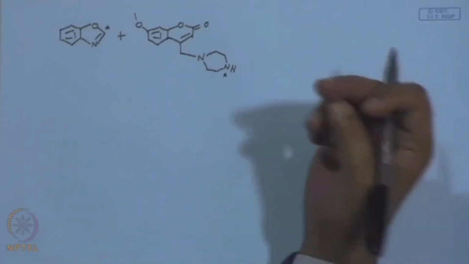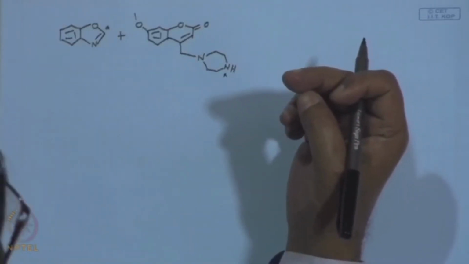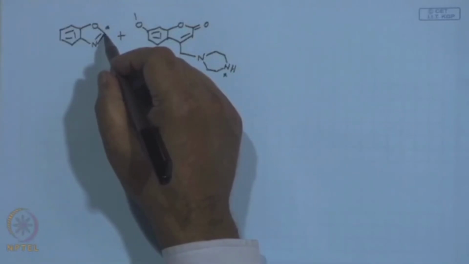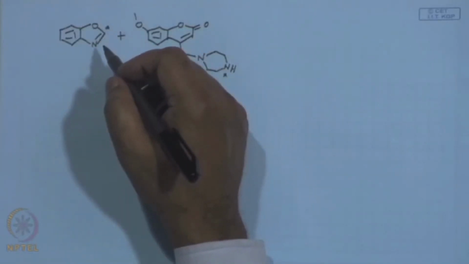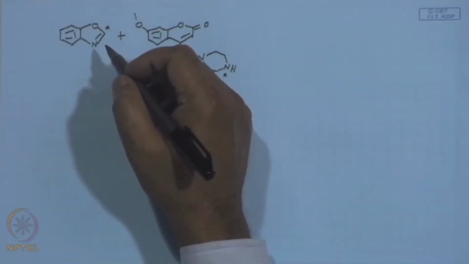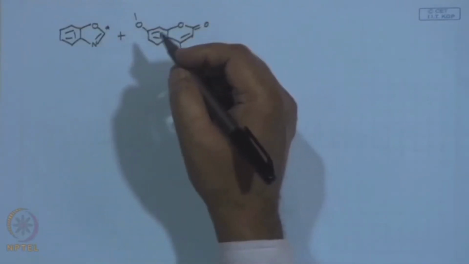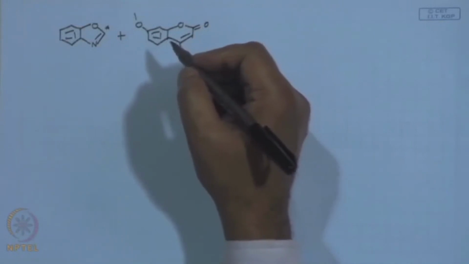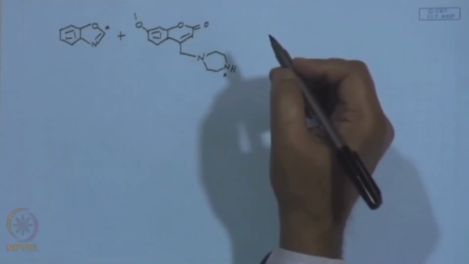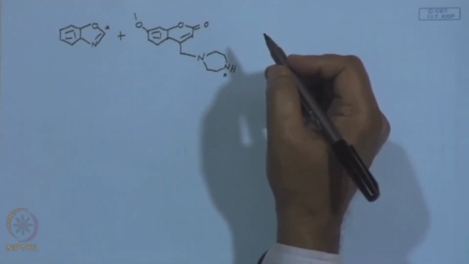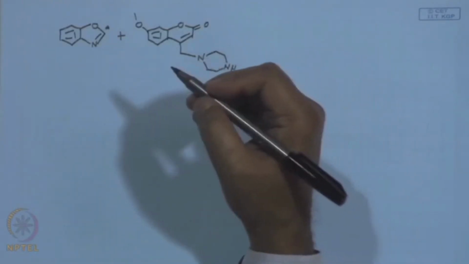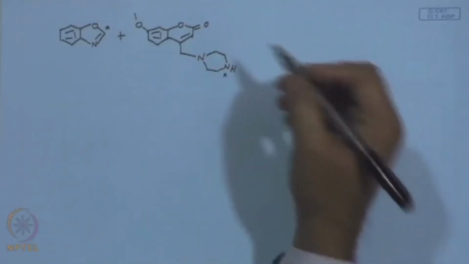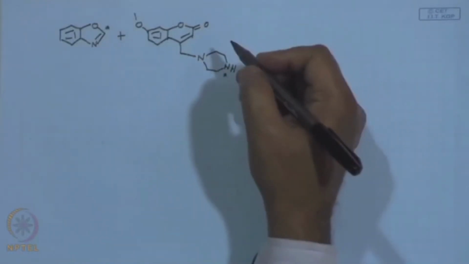Any other metals? You can do lithiation followed by borylation, all kinds of things, but in general lithiation in heterocyclic chemistry is tougher than in simple aromatic chemistry.